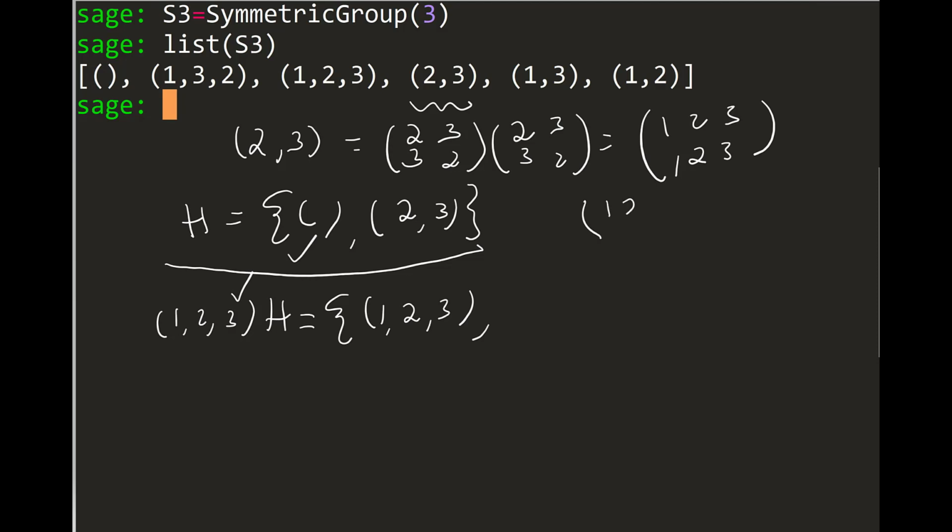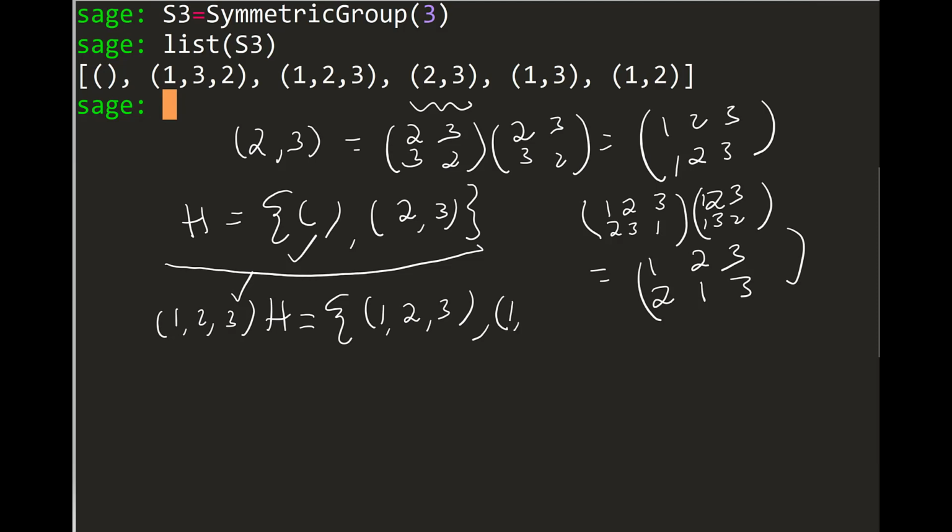But when we take (1 2 3) times (2 3), we follow each element: 1 goes to 1, then 1 goes to 2, this goes to 2, 2 goes to 3, 3 to 1. We got a 1 here, and 3 to 2, 2 to 3. So this is 3. So simply it becomes this element, right? So this is the left coset of H by this element.